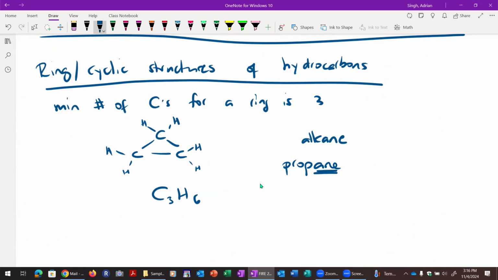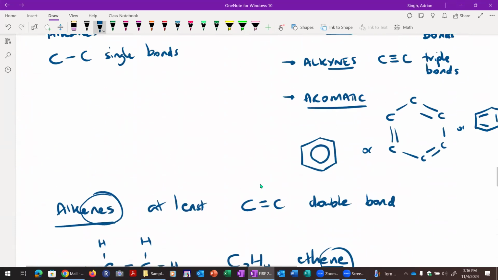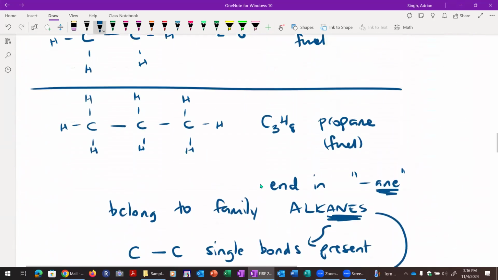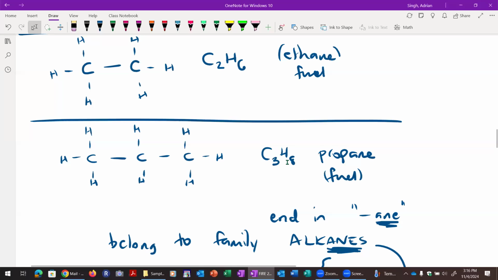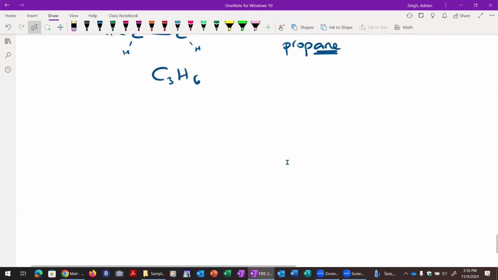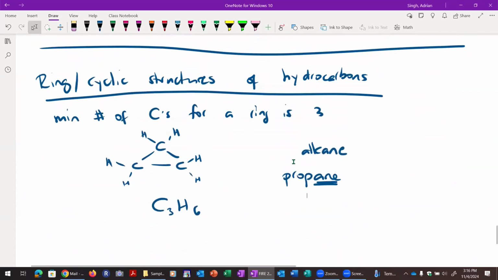But this is not propane, right? Because if it were propane, as we set up here, propane should have the formula C3H8. This has the formula C3H6, so it's not propane. Instead, because now the carbons are in a ring, we call it a cycloalkane. Now, it's not a regular alkane, it's a cycloalkane. So we'd actually call this, not propane, we'd call it cyclopropane.